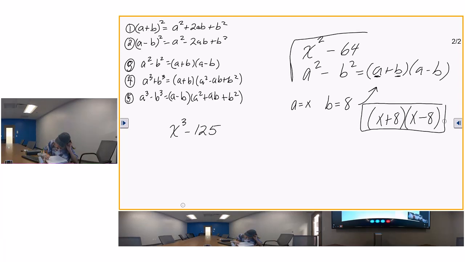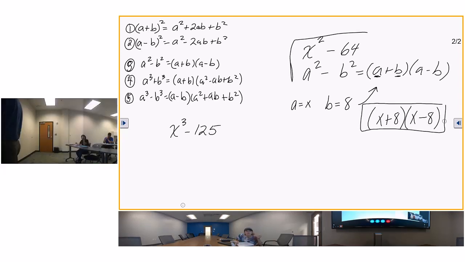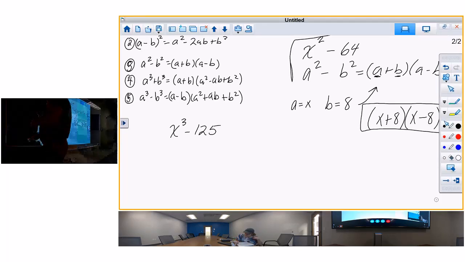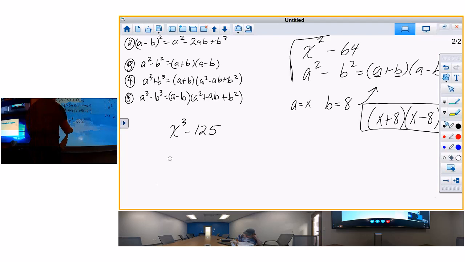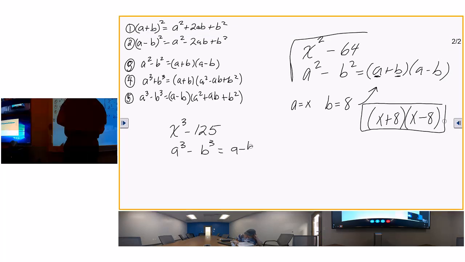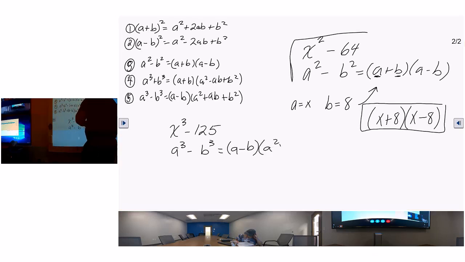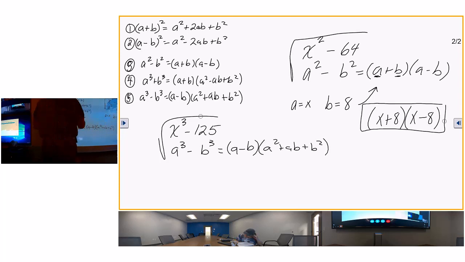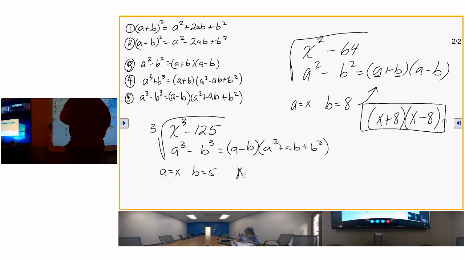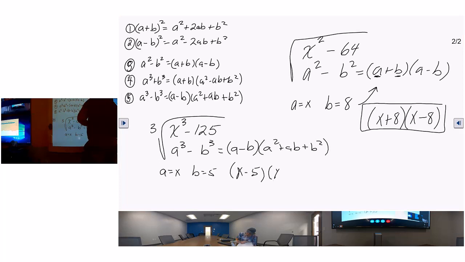Okay. Somebody's walked by. All right, so which one is it? Shortcut number 5: a minus b times a squared plus ab plus b squared. Take the cube root of everything. A is equal to x. B is equal to 5. X minus 5 times x squared plus 5x plus 25.